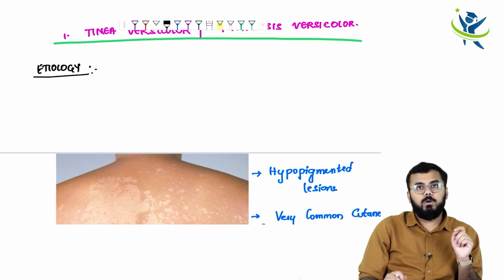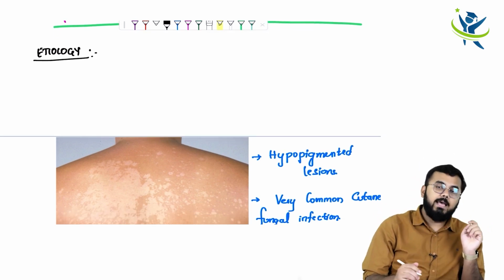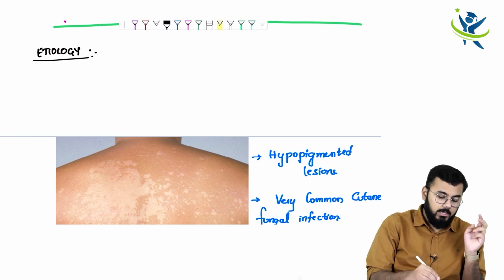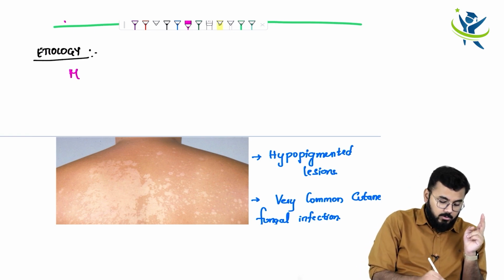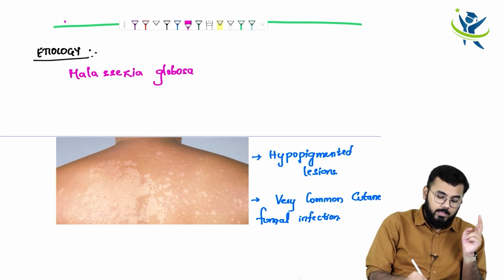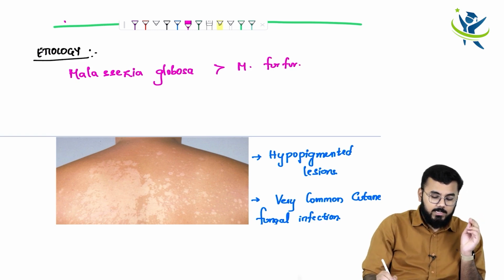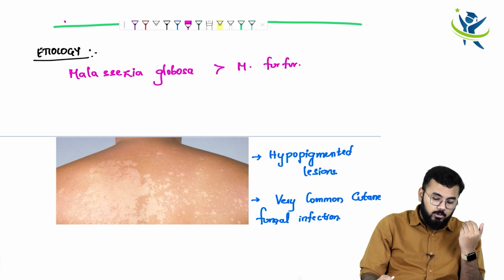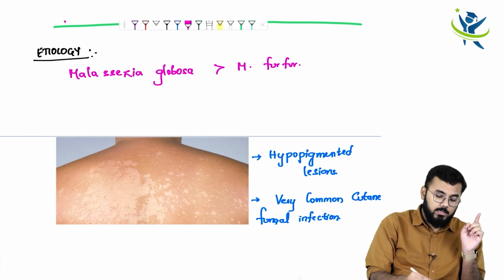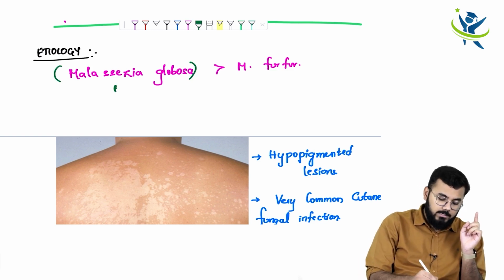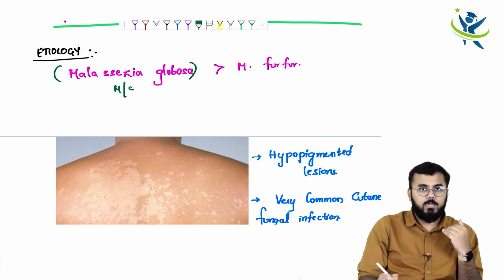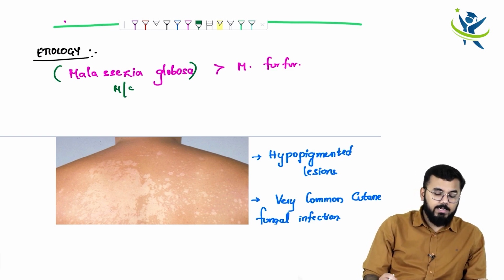This disease is caused by Malassezia globosa as well as Malassezia furfur. Both together can cause this, but most commonly the organism which causes it is Malassezia globosa in comparison to Malassezia furfur.